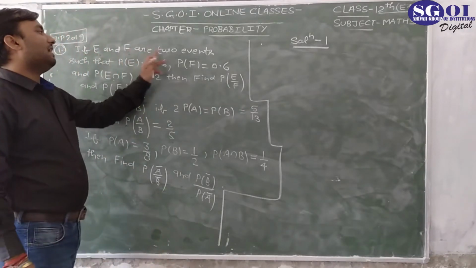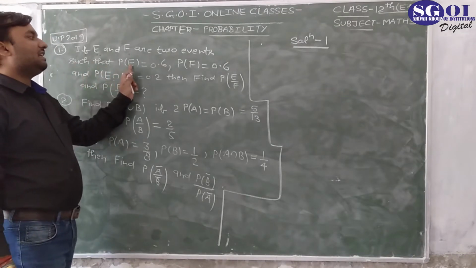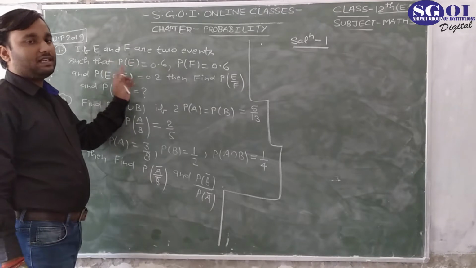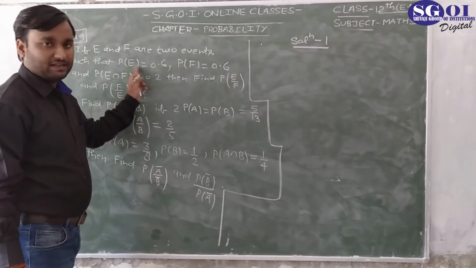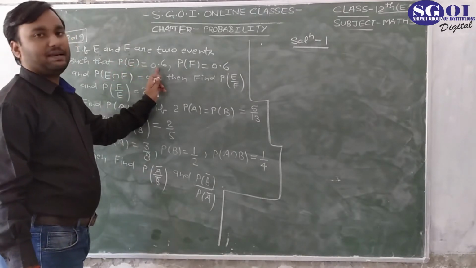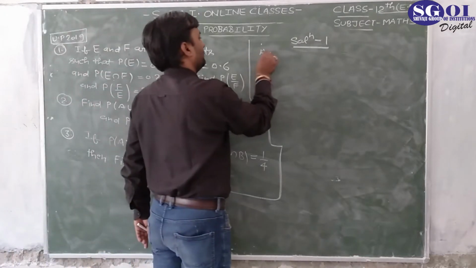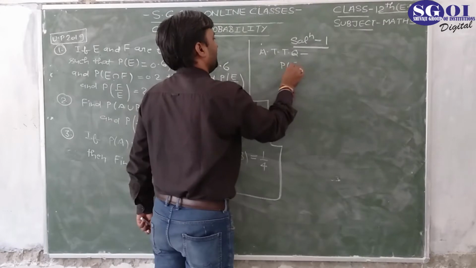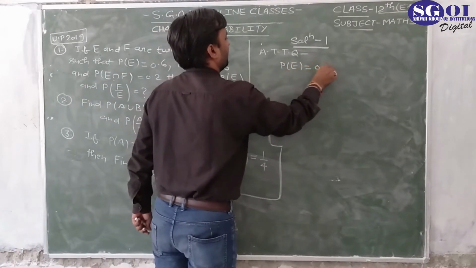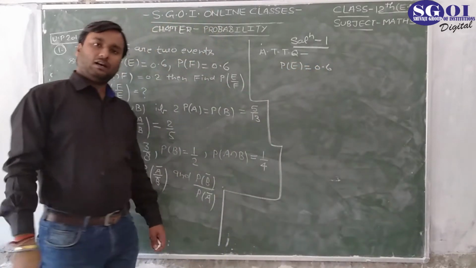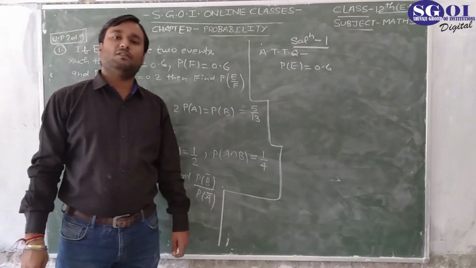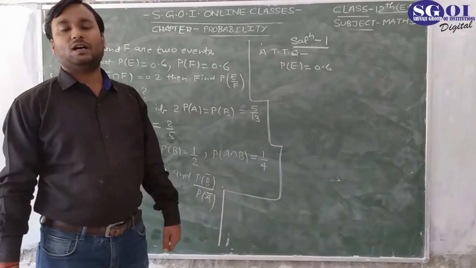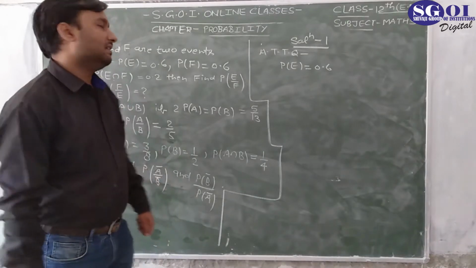If E and F are two events such that probability of E, meaning probability of event E happening, is equal to 0.6. And you also know that the probability of an event can never be less than 0 or greater than 1.